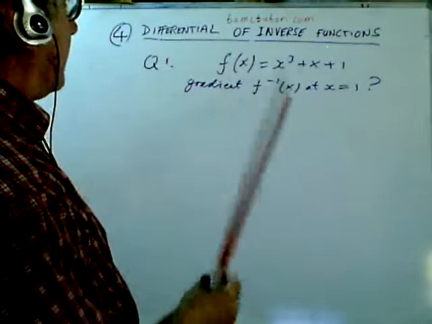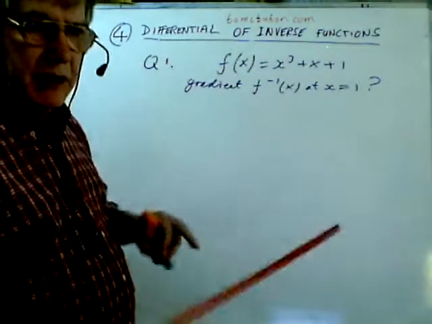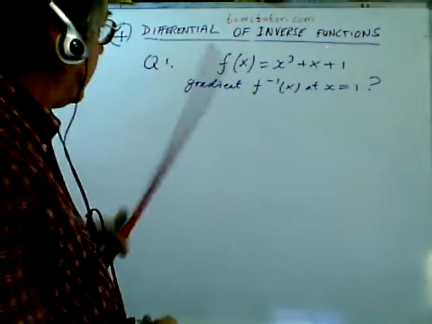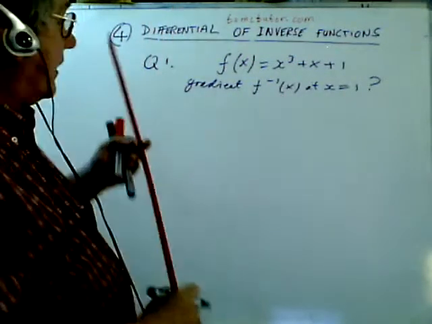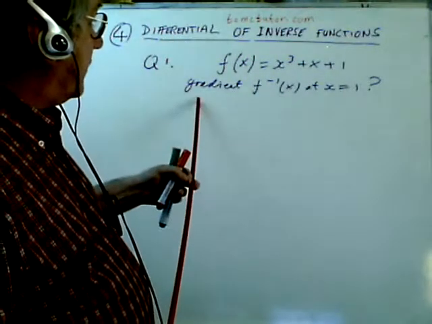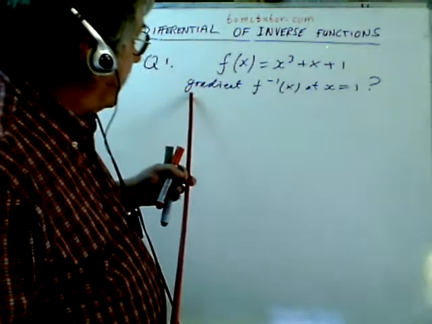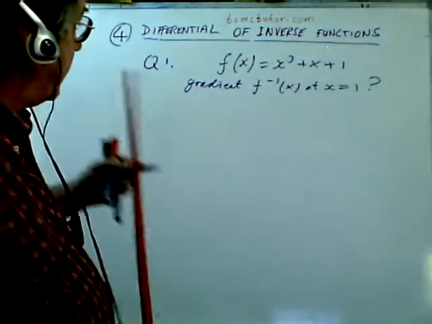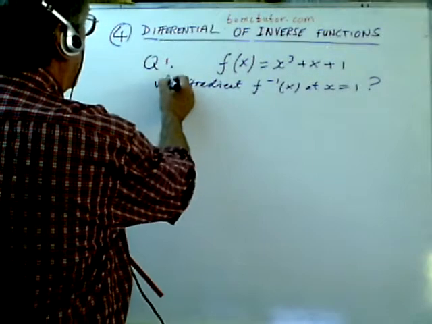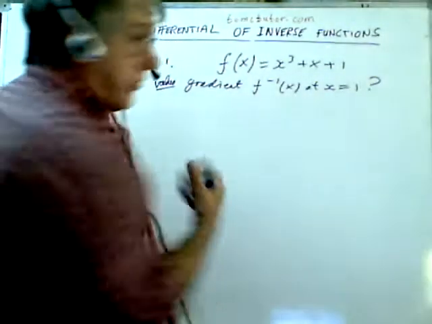Well, you might be tempted to find the inverse function, but it actually doesn't ask you to find the inverse function. It doesn't even ask you to find the actual derivative of the inverse function either. It just asks you to find the value of the gradient, which is just a number.